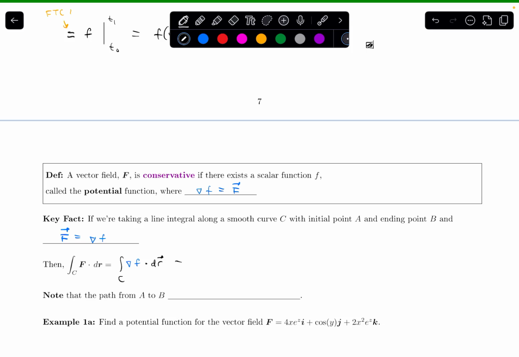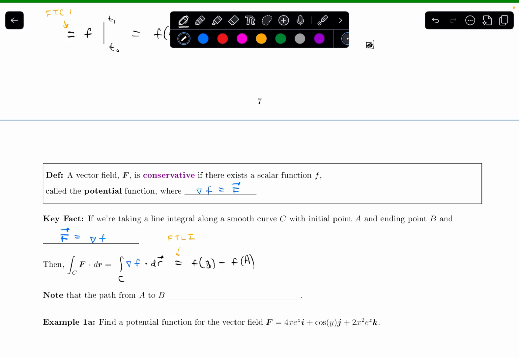So this will be equal to, I'll abbreviate FT LI, fundamental theorem of line integrals, which says get the original function, lowercase f, plug in that ending point, b, minus f at the initial point, a.